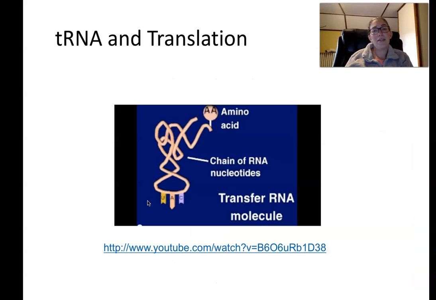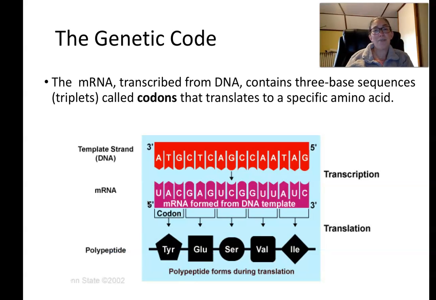This is just another animation that I'm not going to actually play. So if we were looking at the whole picture, transcription and translation. You have DNA, and here is the template strand of your DNA. Here is the complementary mRNA strand that you made. So this is actually an mRNA version of the DNA gene, the coding strand.